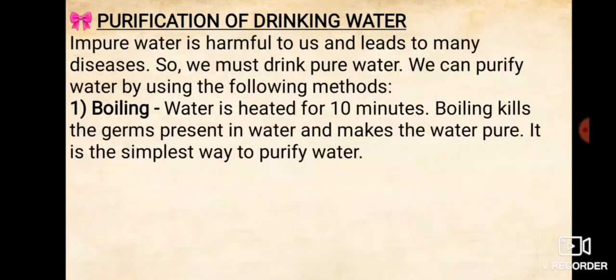Purification of drinking water. Impure water is harmful to us and leads to many diseases. So we must drink pure water. We can purify water by using the following methods. Boiling. Water is heated for 10 minutes. Boiling kills the germs present in water and makes the water pure. It is the simplest way to purify water.